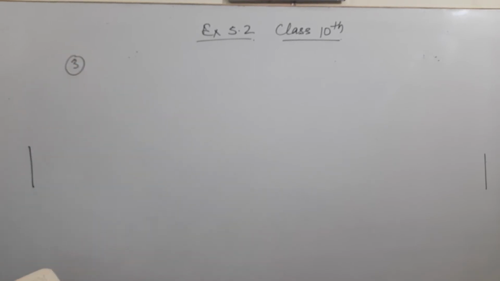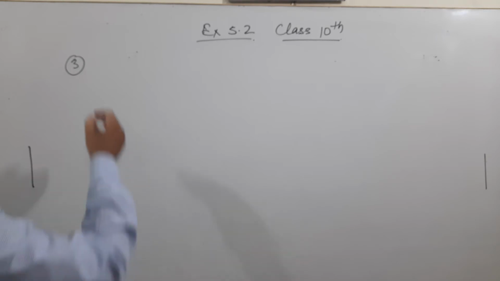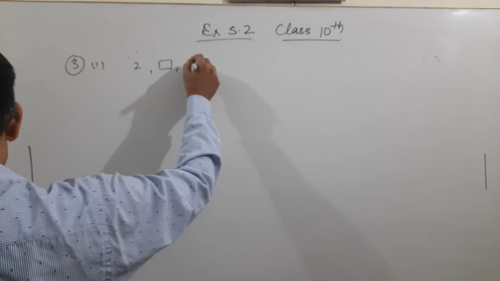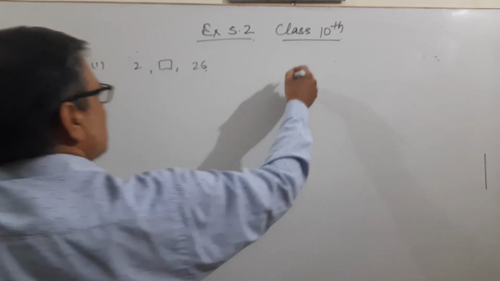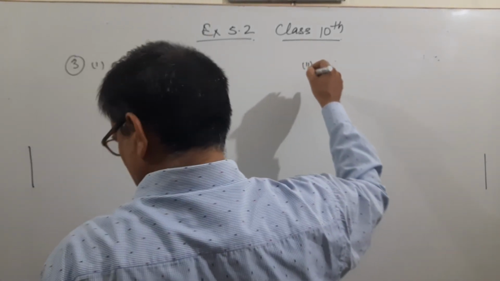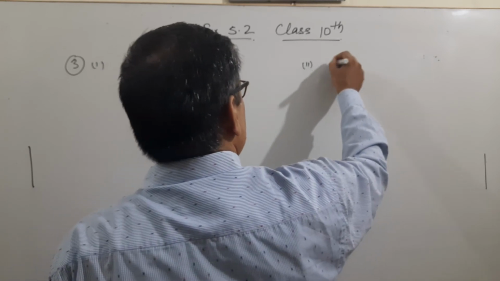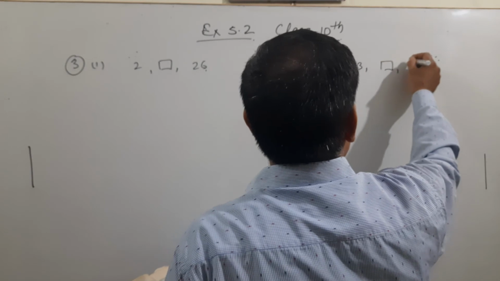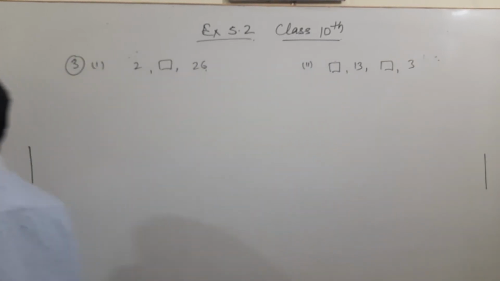Third question. In the following AP, find the missing numbers. First part: 2, box, 26. And the second part: box, 13, box, and 3.